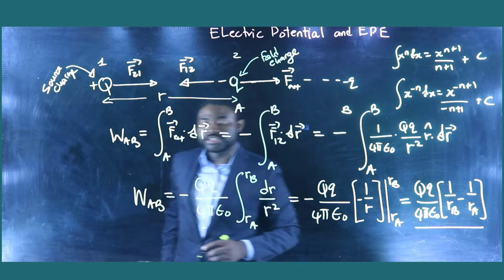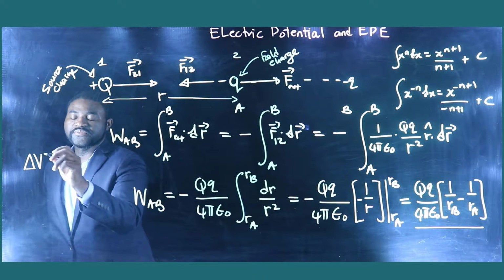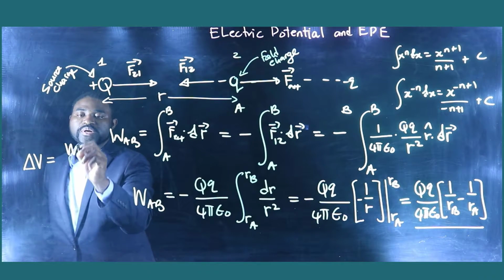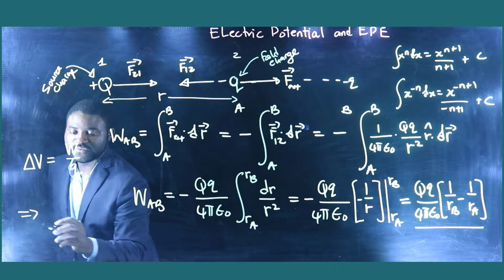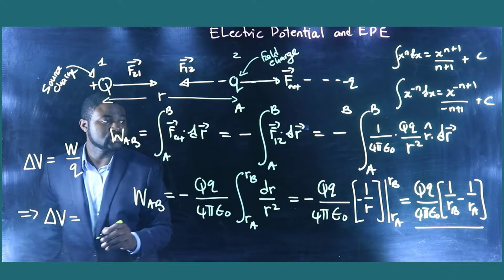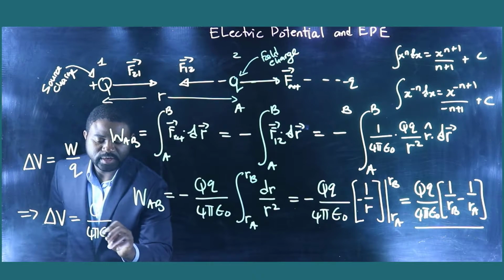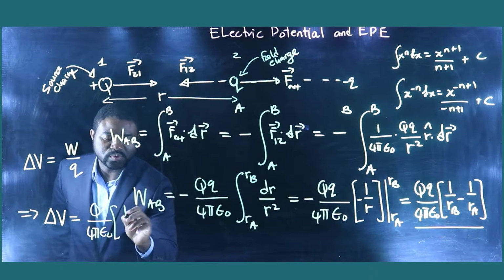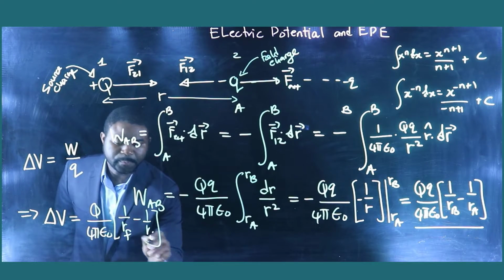Remember, by definition, the electric potential difference is equal to the work done per unit charge. So this means that the electric potential difference will be equal to Q over 4 pi epsilon naught, bracket 1 over Rf minus 1 over Ri.